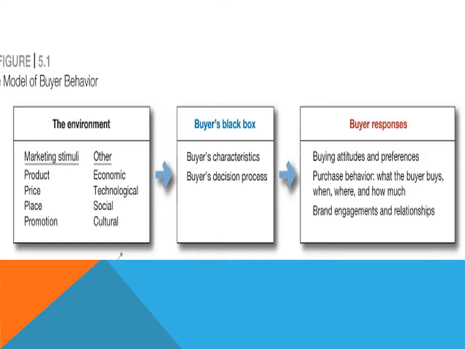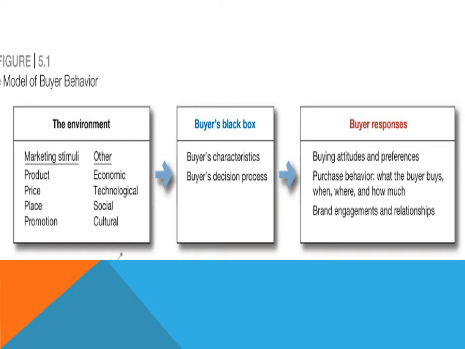And then the company understands that kind of characteristic, that females mostly love bright colors, and they try to design the product that uses those colors as the packaging of the product. And then the woman who sees that product becomes interested because of the product design. So that is what is called the marketing stimuli.